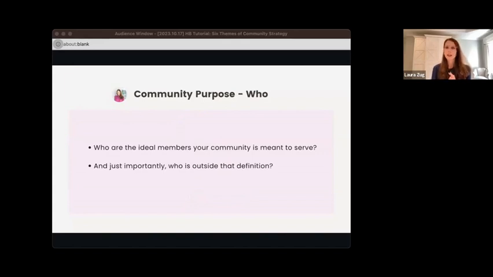And when you're thinking about that, I also really like to think about who fits outside the definition. Getting more and more specific actually helps make your community stickier and creates more value for the people who are there. So what I mean by that is, if you were to build, say, a music lover community, that might be okay.